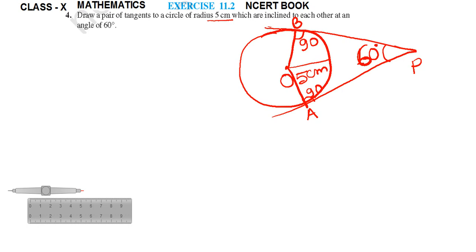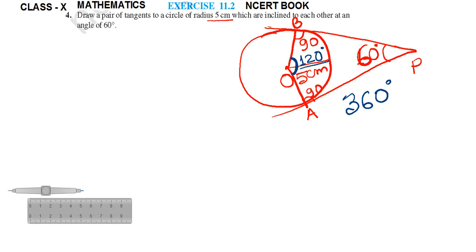So what should be the measurement of angle O? Obviously it should be 120 degree, as you know sum of all angles of a quadrilateral is 360 degree. So angle between OA and OB should be 120 degree. We will use this concept in drawing the instructed tangents to the circle.